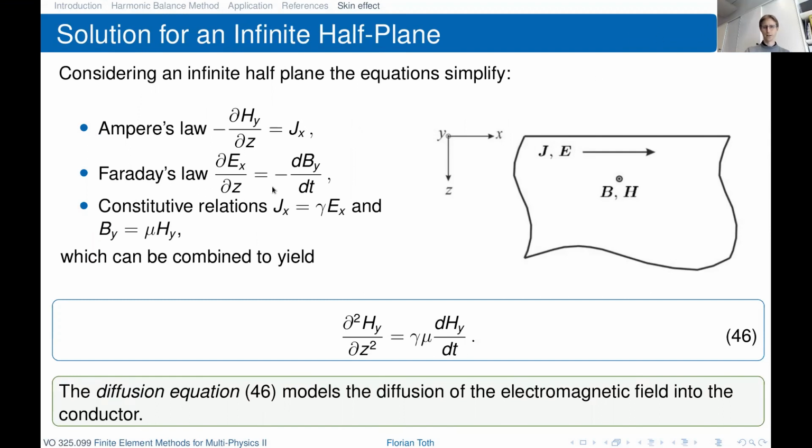For Faraday's law, this is similar, and the constitutive equations also become one-dimensional. And now you can combine these equations to obtain a diffusion equation, equation 46, which models the diffusion of the electromagnetic field into the conductor.